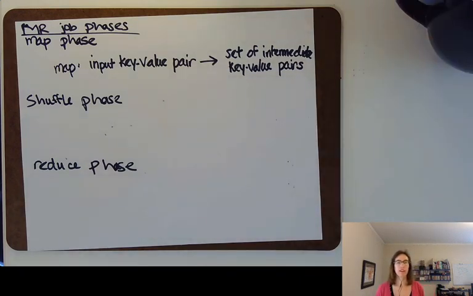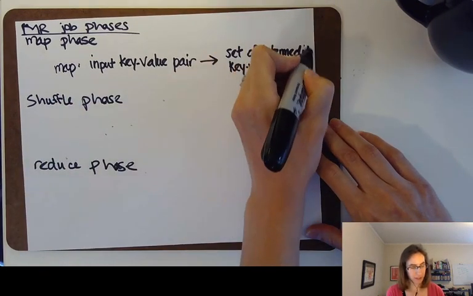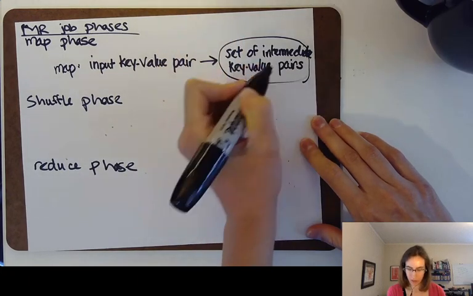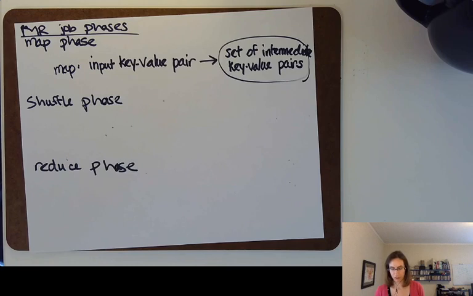Yeah, so that's when the data from every map worker, the result of running this map function, this set of intermediate key value pairs, that's when that data goes onto the reduce worker that will process it.